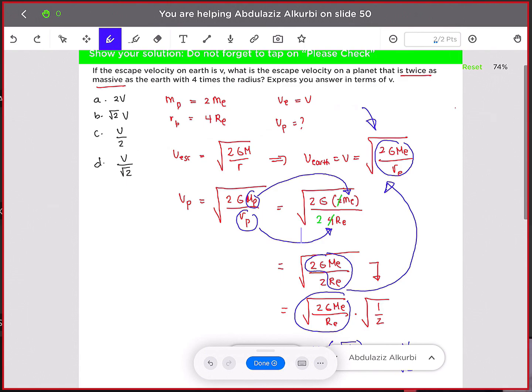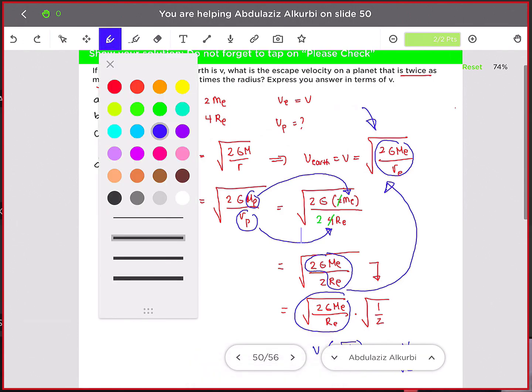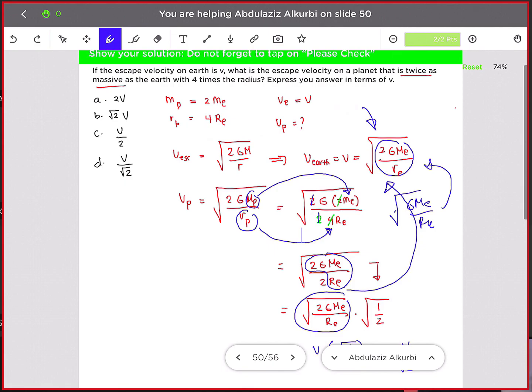Then you would know the factor by which the original equation changes. Do you get that? Because if I cancel this 2 and that 2, I will have the square root of GME over RE, which is not the same as the original equation. We need to determine the factor by which the original equation changes. That's always what you need to do if you are asked to solve problems like this.